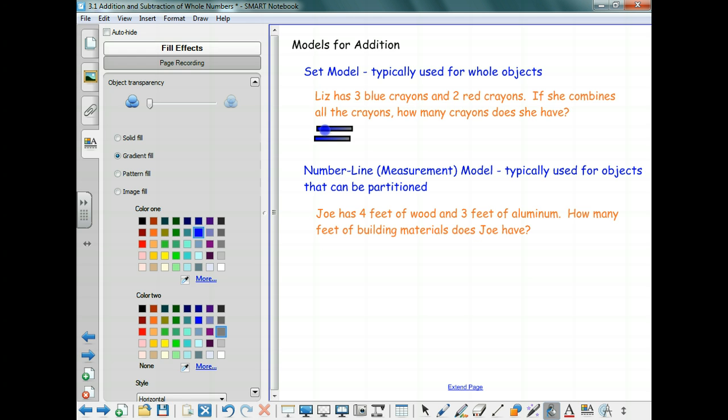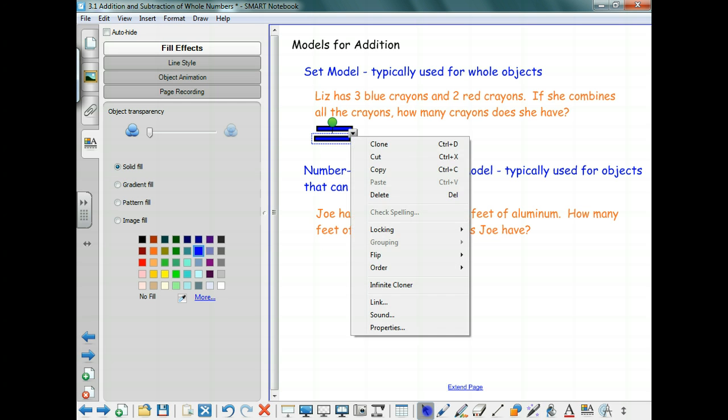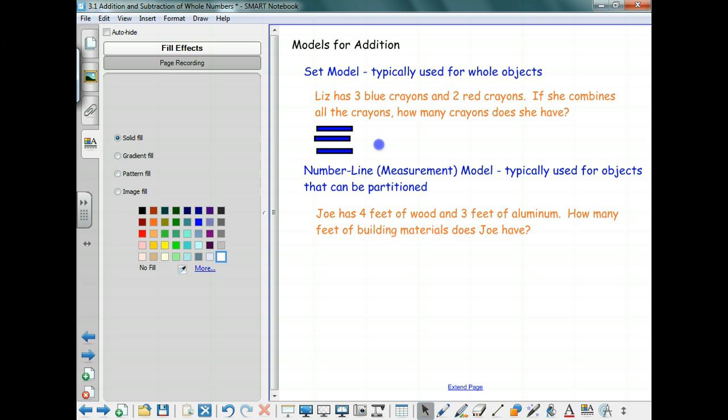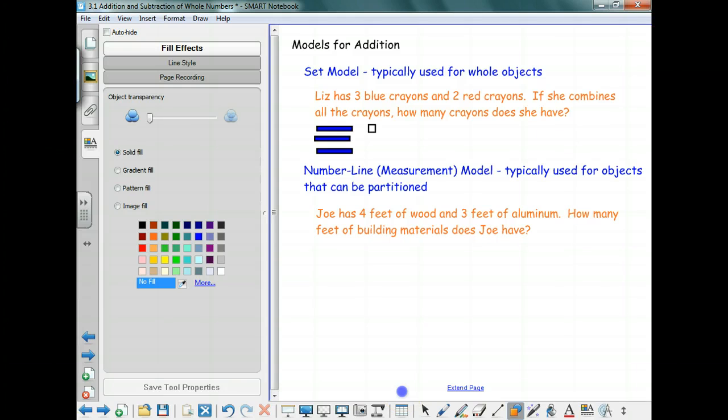There's some blue crayons. The gradient thing is cool. All right, so she's got 3 blue crayons, and then she's got 2 red crayons.